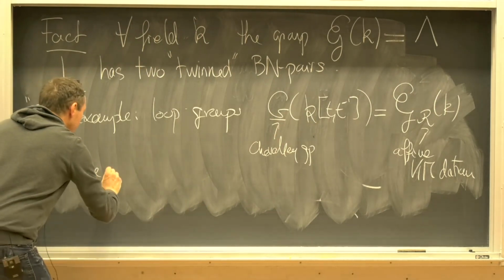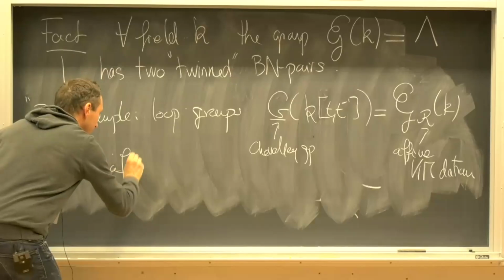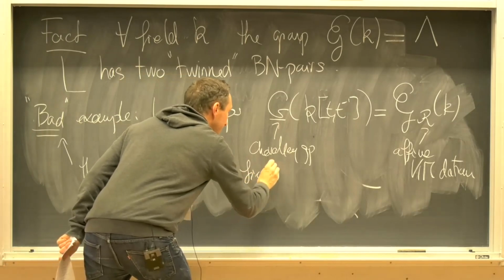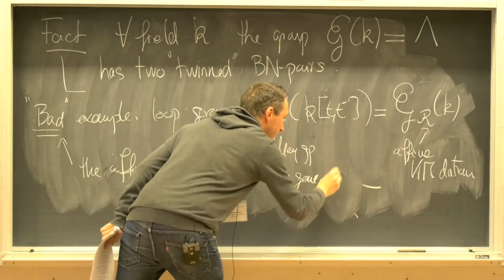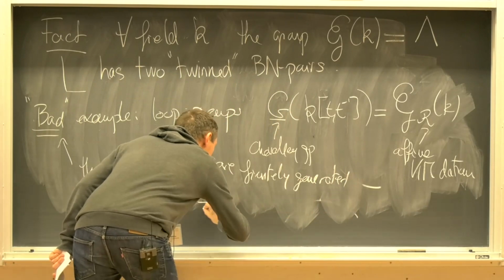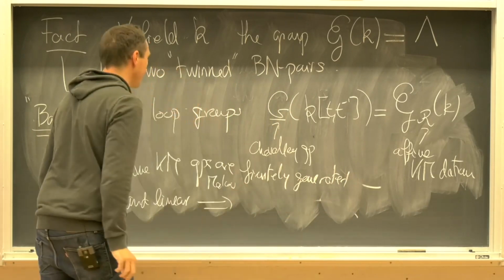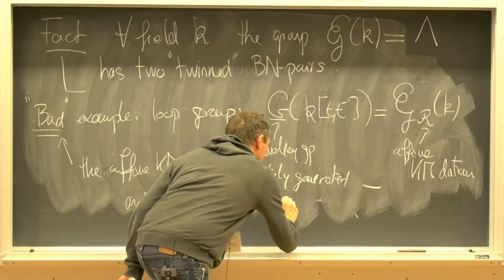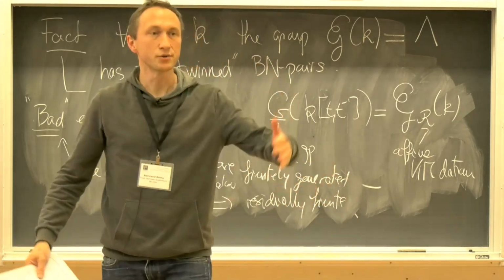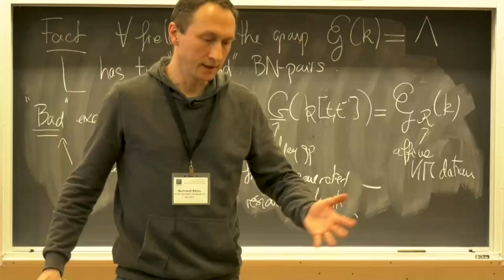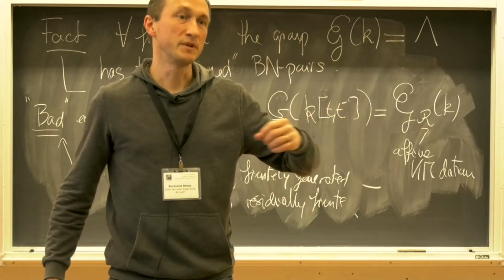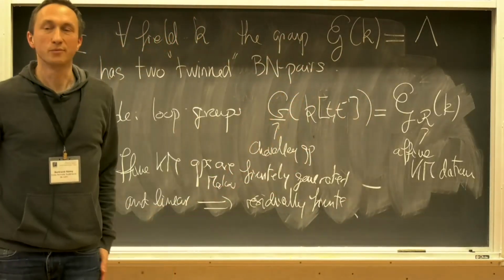Typically, the obtained groups, the affine Kac-Moody groups, are finitely generated and linear, and by a result of Malcev, they are residually finite. Which means that if I take the intersection of all finite index subgroups, or equivalently all finite index normal subgroups, then I obtain the identity. So it means that I have a lot of normal subgroups.